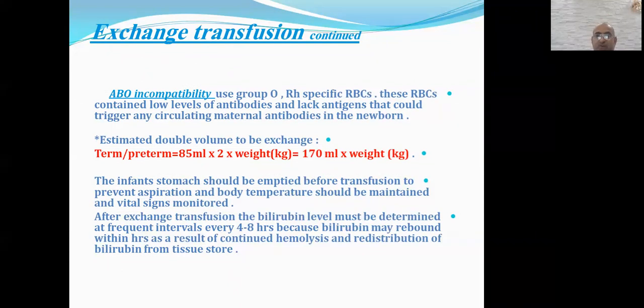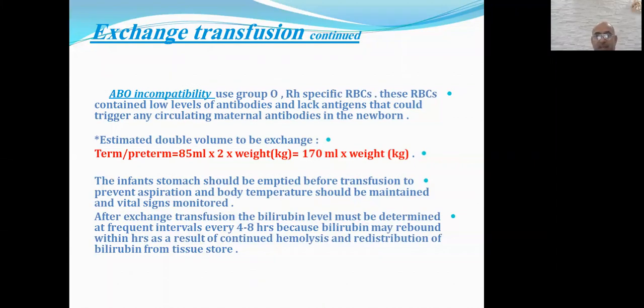Simply, we can use the blood of the mother with Rh of the baby. If the mother is O positive, of course, as from the name ABO, we can use Rh of the baby.